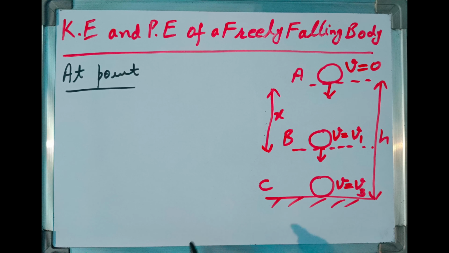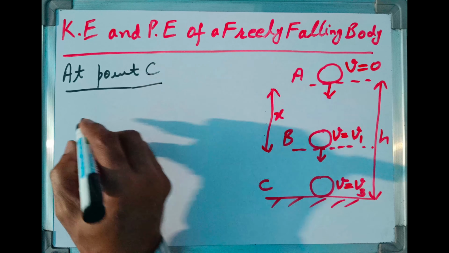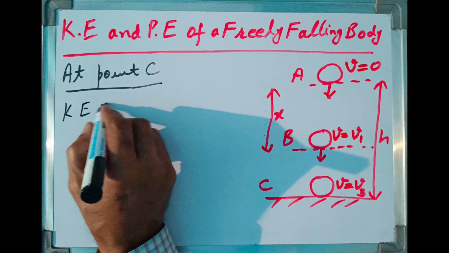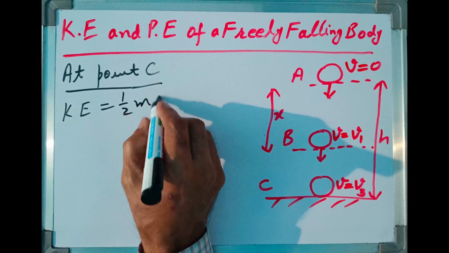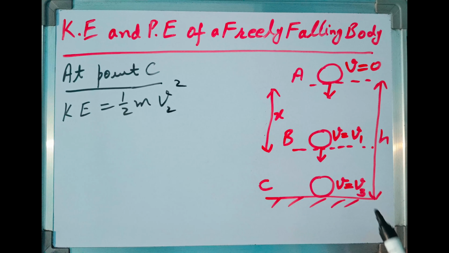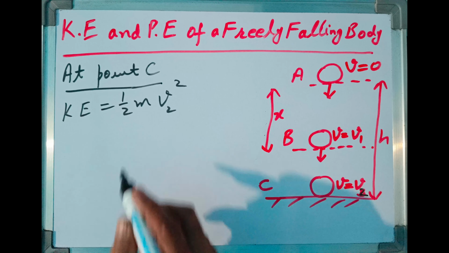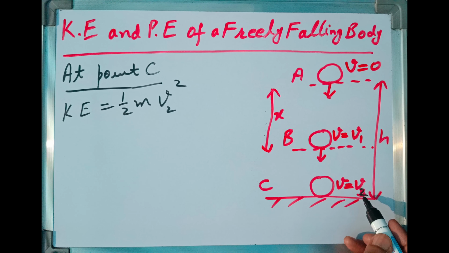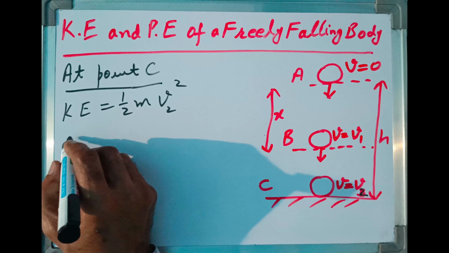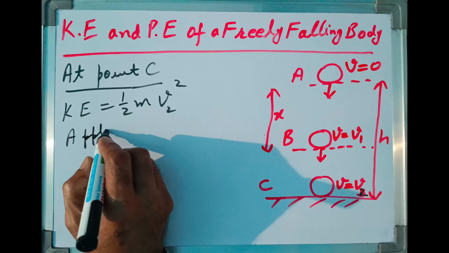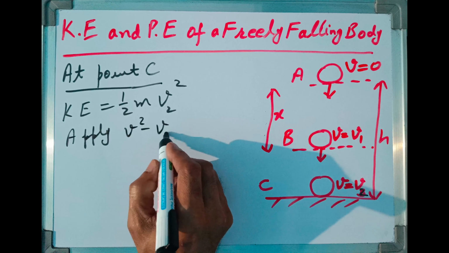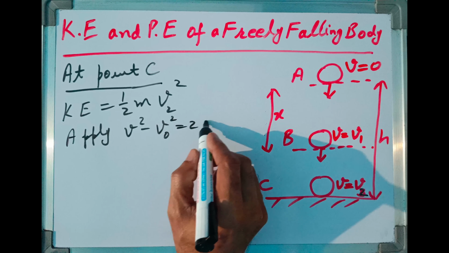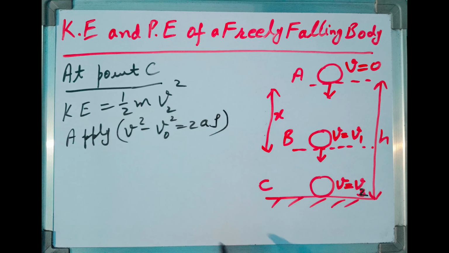Now we have to find both kinetic energy and potential energy when body is reaching point C. So at point C, kinetic energy will be equal to half m v2 square because we have supposed here speed of the body as v2. So how to find the value of this speed at last point C? Again we shall apply the formula v square minus v naught square equal to 2as, equation of motion.